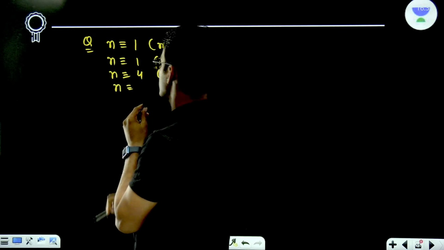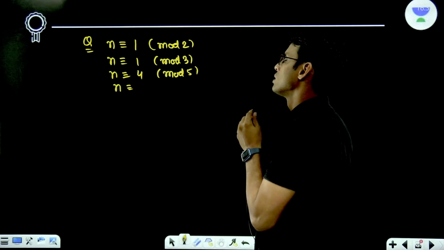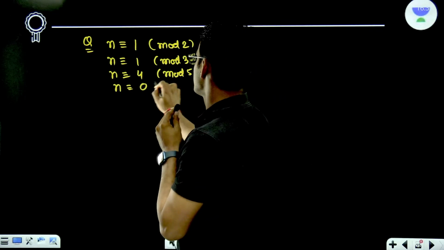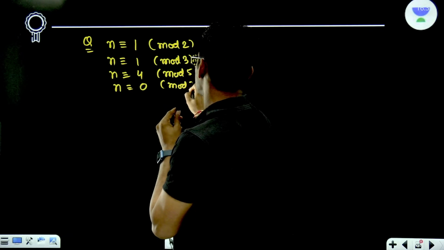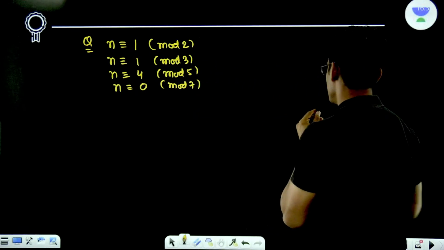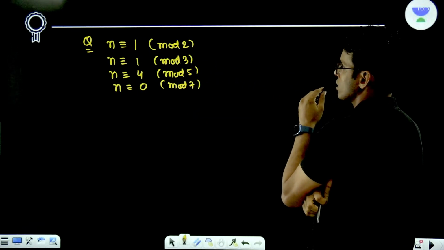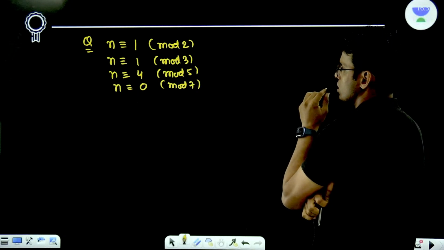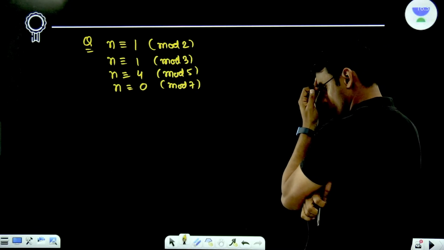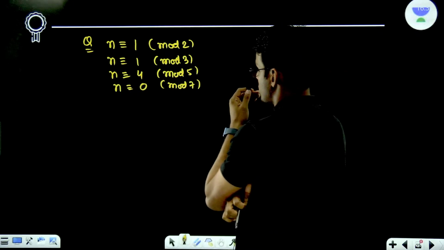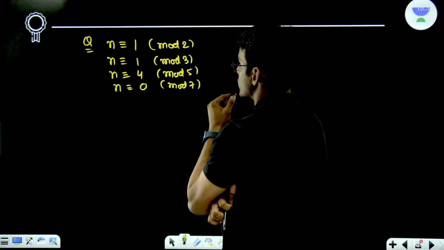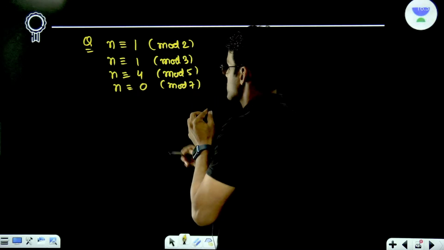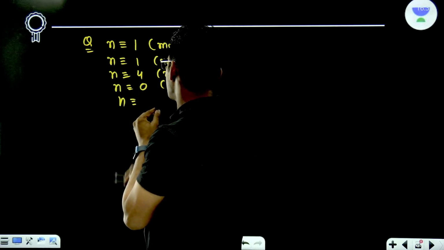N is congruent to 0 mod 7. Is it divisible by 7?